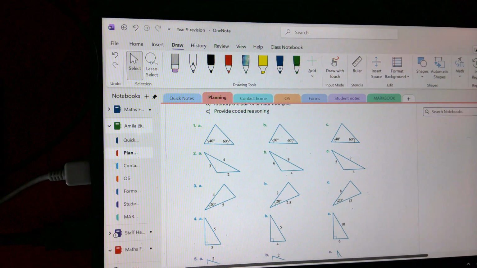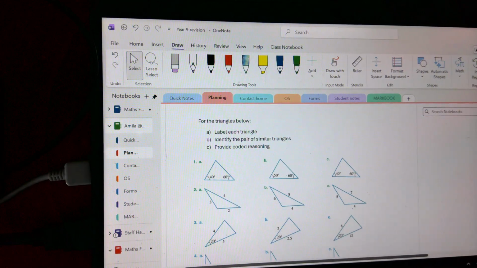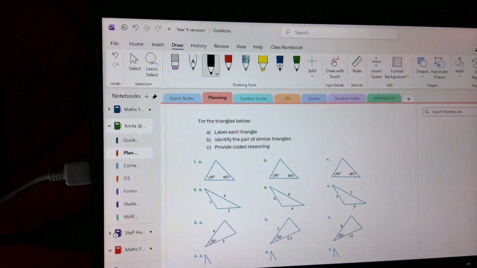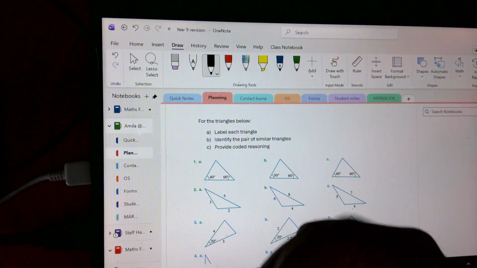Alright, we've done these before. I'm just going to do the first two. In this question, I'm asking you to label each triangle, identify similar pairs, and provide coded reasoning. So I'm going to start by labeling them.